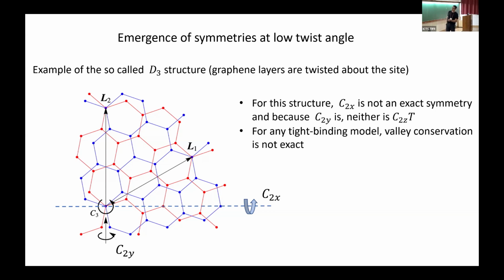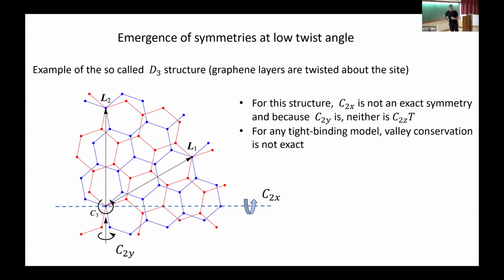Here you can clearly see that the blue and red are going to get swapped under that rotation, but it misses the C2X symmetry. See, this red doesn't have a partner over here. This blue doesn't have a red partner over here. So in this structure, the C2X symmetry, strictly speaking, is absent. Now, if C2X is absent, but C2Y is present, because C2Z is a product of C2X and C2Y, you will not have C2Z T. Time reversal is, of course, present.